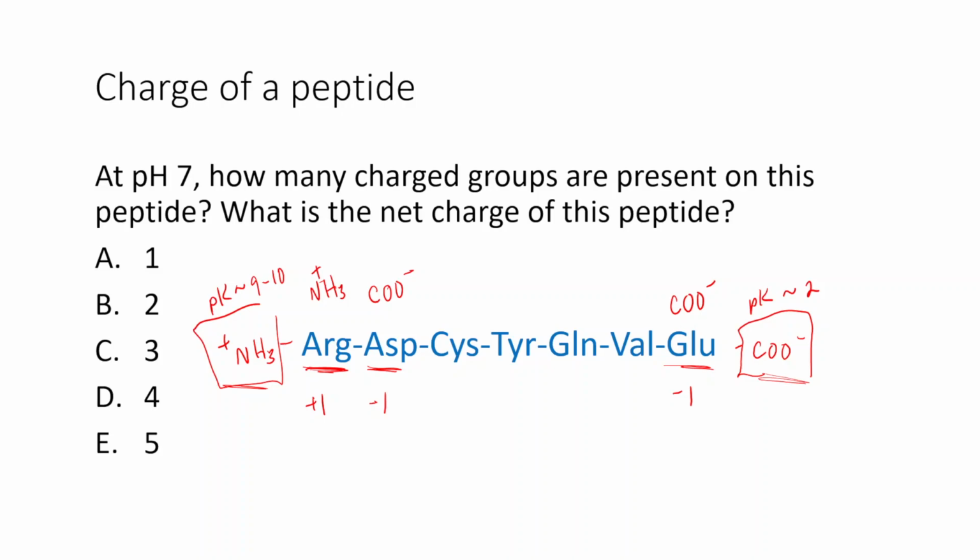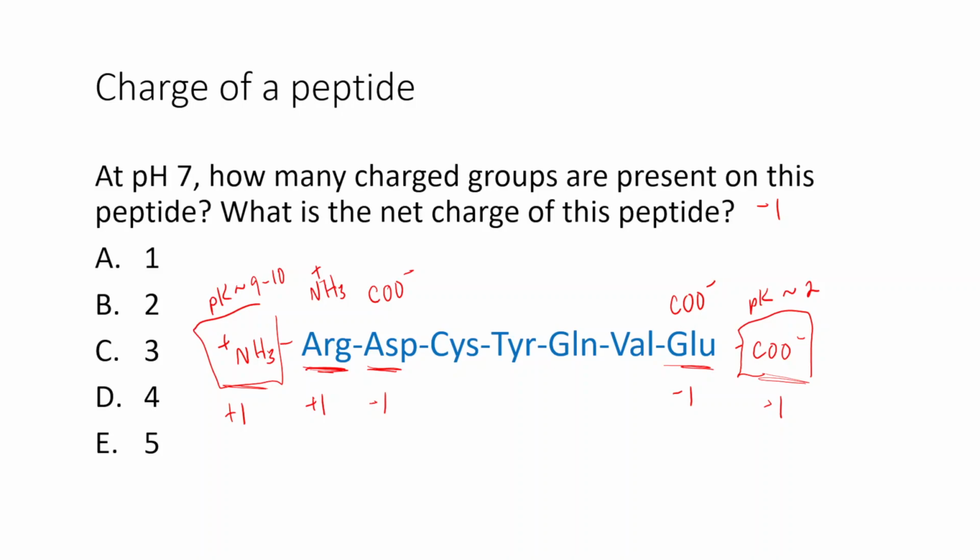So we have our positively charged terminal amino group, our negatively charged terminal carboxyl group, and our 3 ionized side chains. What is our total charge on our peptide? Our total charge is -1, because we have 2 pluses and 3 minuses at pH 7.